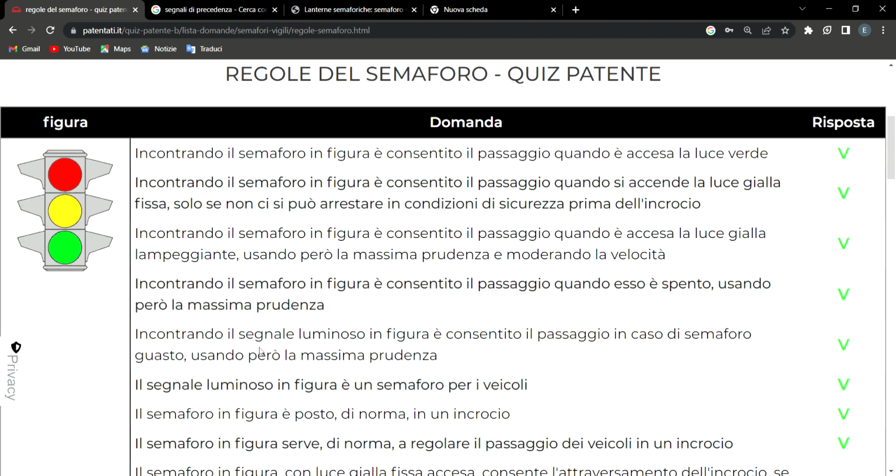So the other one again, number 5, it says: incontrando il segnale luminoso in figura è consentito il passaggio in caso del semaforo guasto, usando però la massima prudenza. There is something I want you to take note of here, take note of this very word.